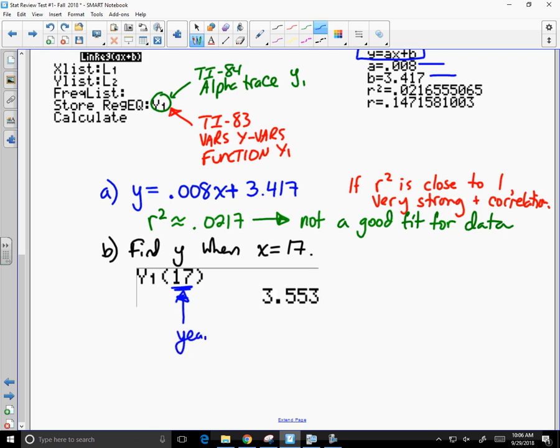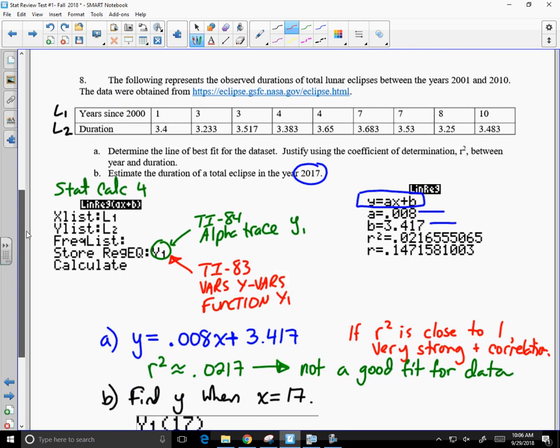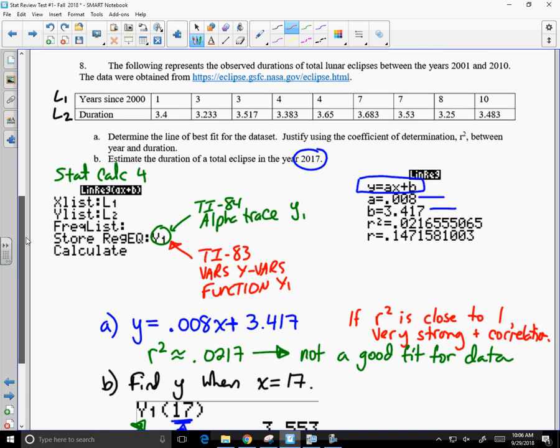Years since 2000, we did, this is the same Y1 as before. I'll write it again, alpha, trace, Y1. And then this is giving us the result, which in context, it's talking duration.